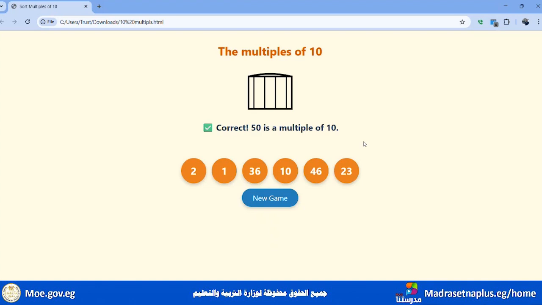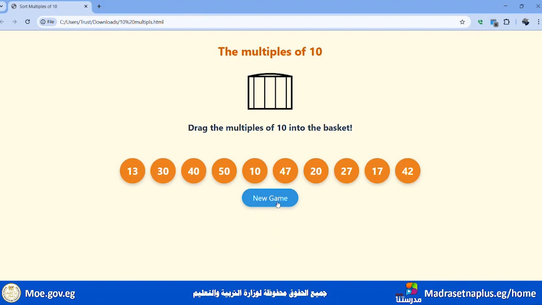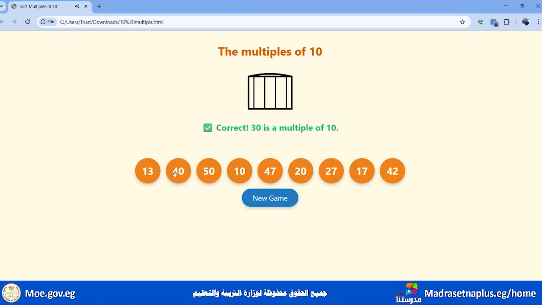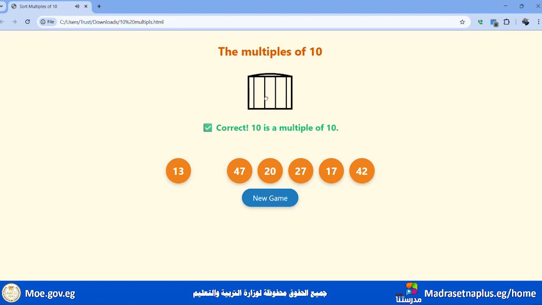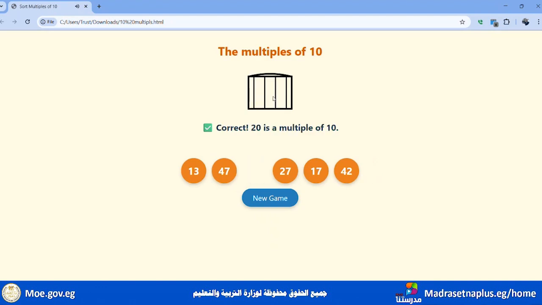So any number that has 0 in the ones place is a multiple of 10, while any number that has 0 or 5 in its ones place is a multiple of 5. Last time for this play. 13, not. 30, yes, its ones digit is 0.